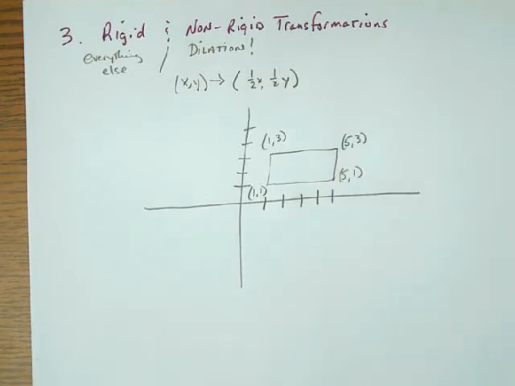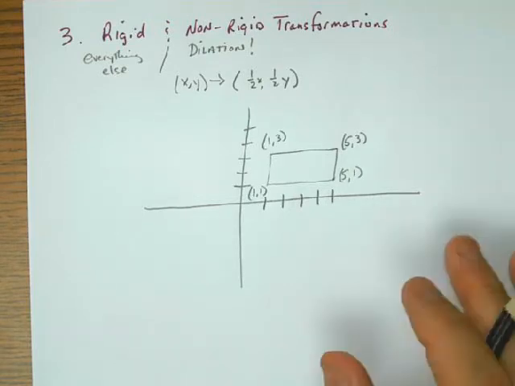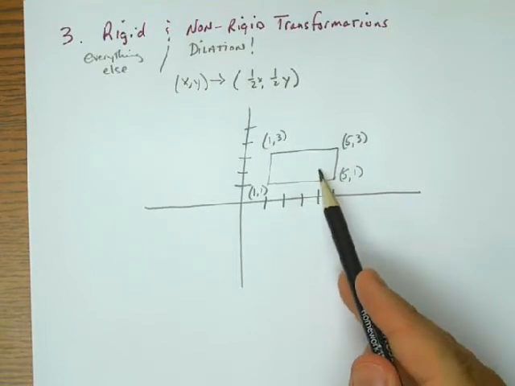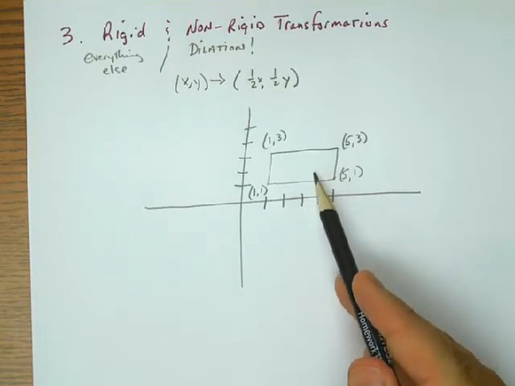Let's say that we apply a dilation of 1/2. We cut this in half. How do we do that?